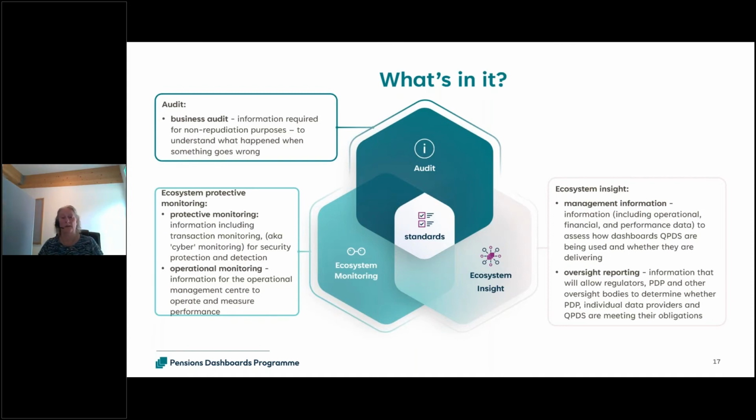So business audit is generally used for non-repudiation purposes in order to understand something that may or may not have gone wrong. Protective monitoring, akin to cyber monitoring, is to make sure that the central architecture is protected at all times, and we're alerted of any threats to that architecture.